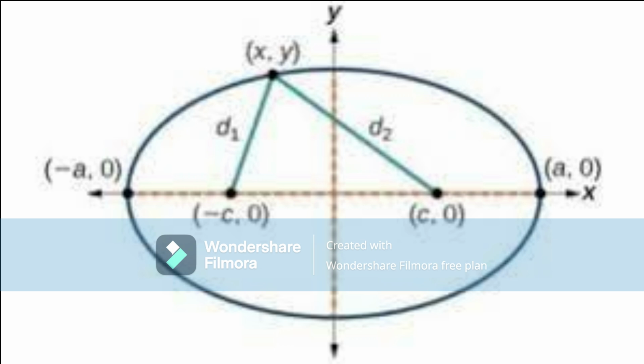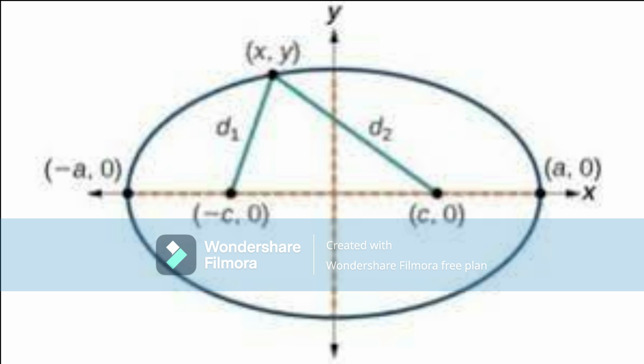So the x coordinates of the foci will be plus and minus f, because remember, the square root of a square minus b square gives you f, and then plus f will be the first focus and minus f will be the second focus. So the coordinates of the foci are: x coordinate either plus f or minus f, and the y coordinate is 0. That is how you find the foci.